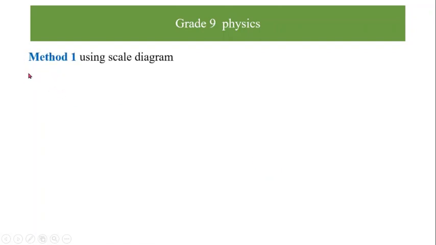Even though we are given option to use either a scale diagram method or mathematical method, I want to solve this problem in both methods so as to show you how you can get the answer using either of the two methods. So I will use both of the methods, but for now let me start by method 1, which is scale diagram.